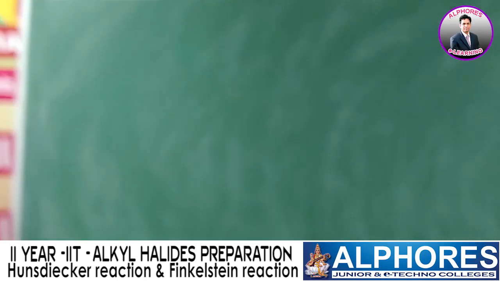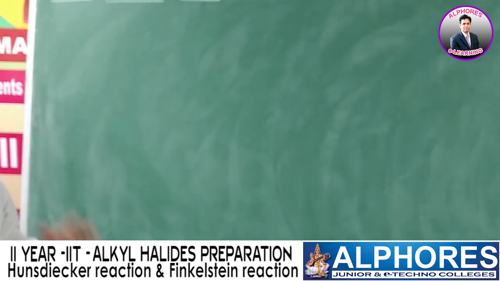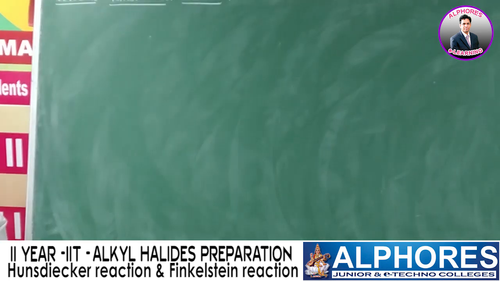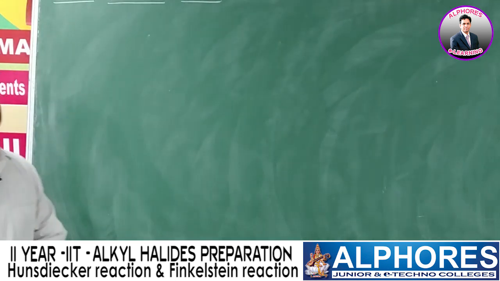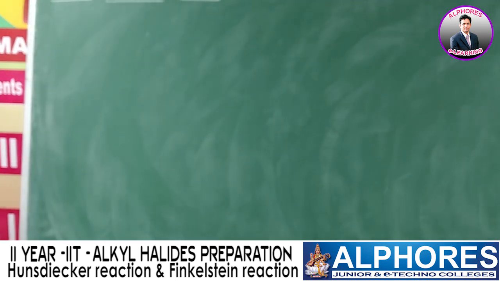Hi students, in the previous session we discussed preparation of alkyl halides from alkenes, along with the preparation of dihaloderivatives and also allyl halides. Now we are going to discuss preparation of alkyl halides by other methods.